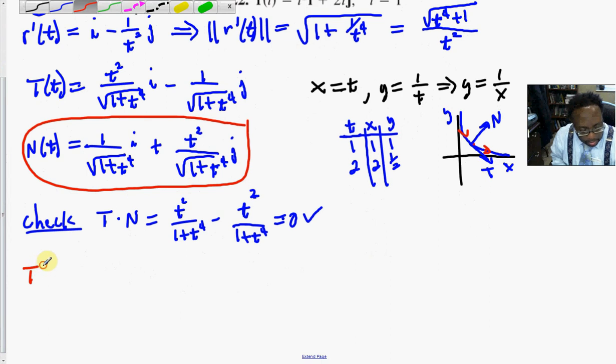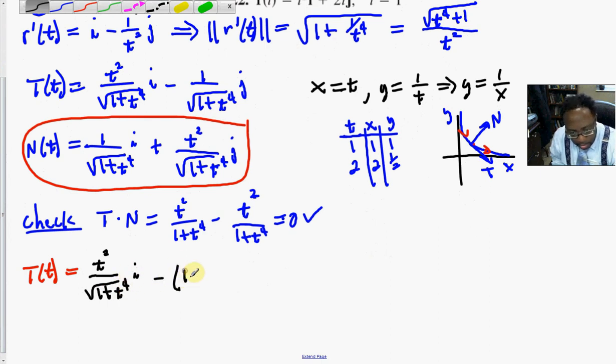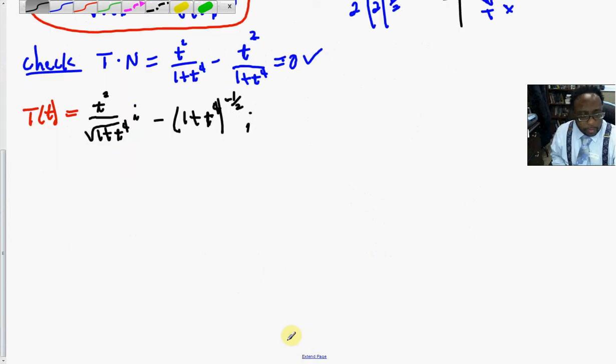So let's go back here to the tangent vector. We get t squared over the square root of 1 plus t to the 4th i minus 1 plus t to the 4th to the negative 1/2 j.